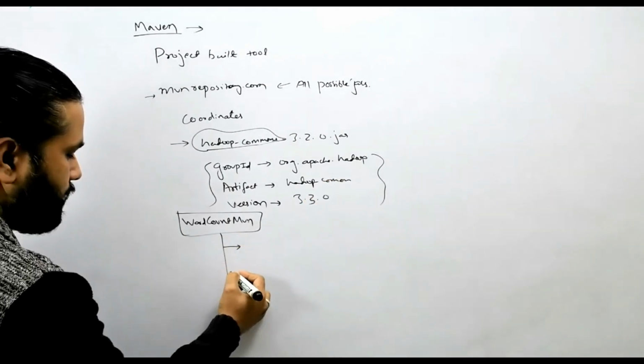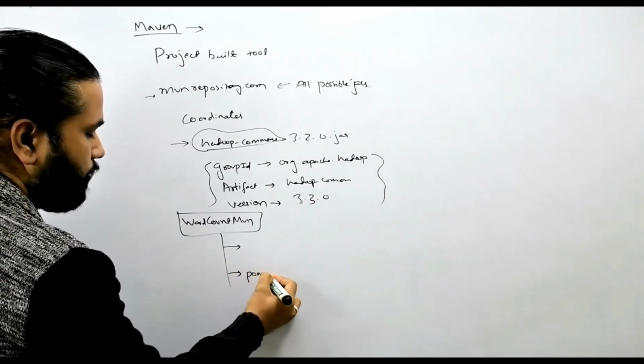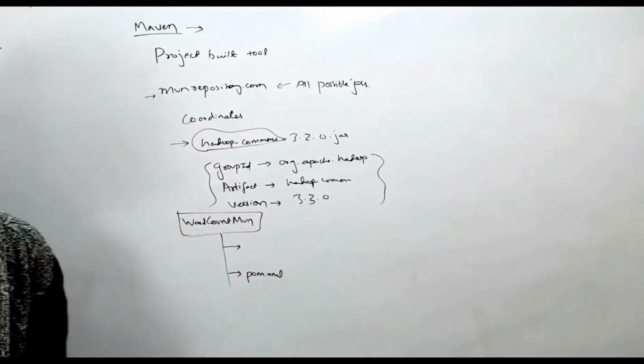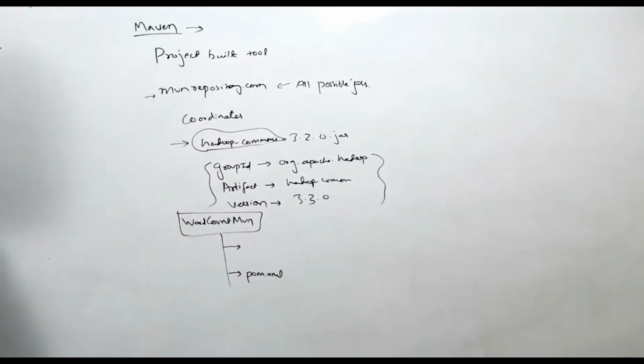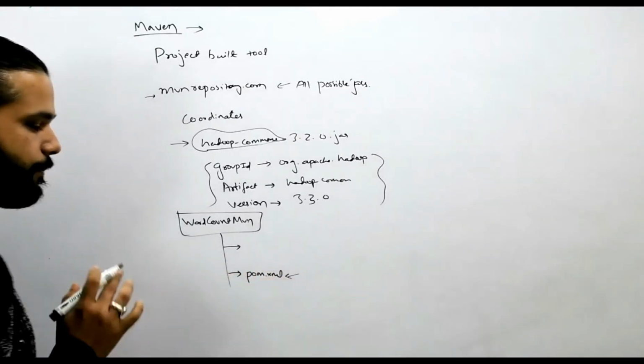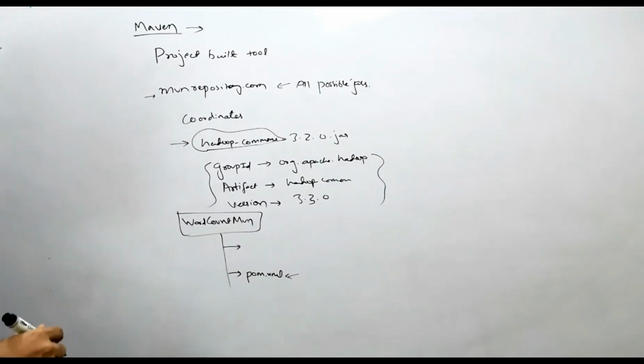But what is important for us to understand is you get a file called pom.xml. This pom.xml file is basically a file which can be used to specify all the dependencies. Whatever dependency you need as part of your program, you'll have to put it in your pom.xml.